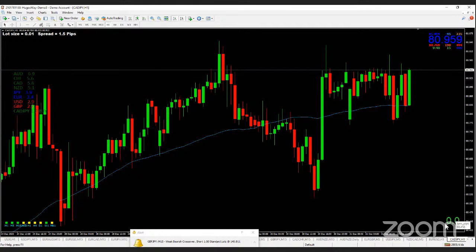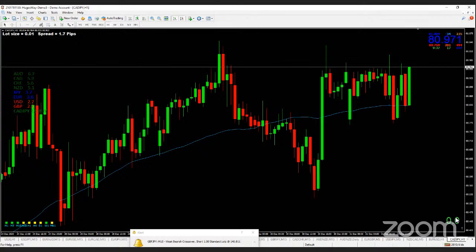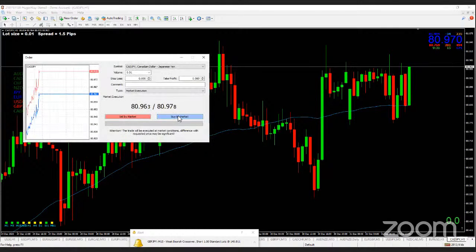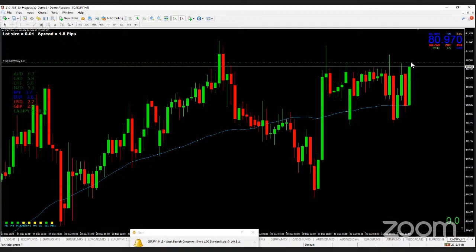Then I'm sure some of you might have this one, which is the pipsometer. Just in case you don't know how that works, let me just enter a trade for the sake of it. Okay, so I've entered a trade now. You can see it tells you how many pips up or down you are. So that's the way that works.